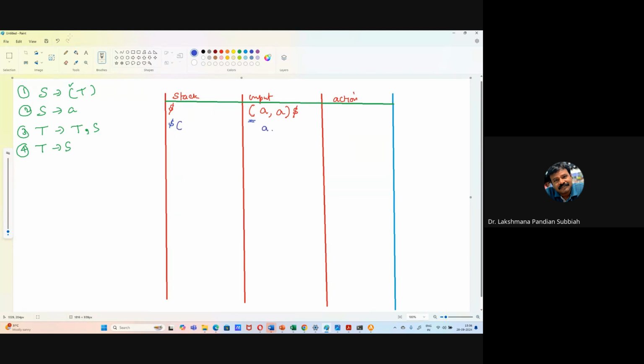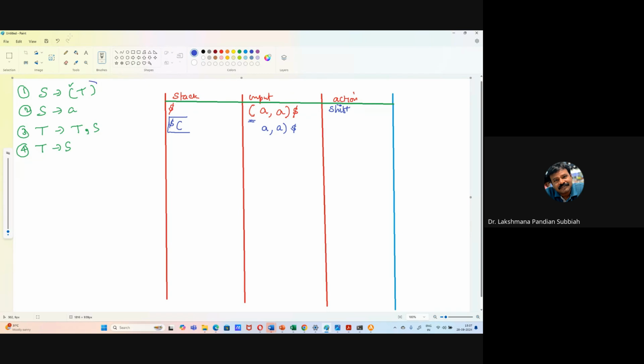Here the open bracket is moving there, so we are doing the shift action. We are shifting one input symbol to the stack. So on the stack, at the bottom we have dollar and then the open bracket. Now you see whether any substring in the stack matches the right hand side of any one of the production rules.